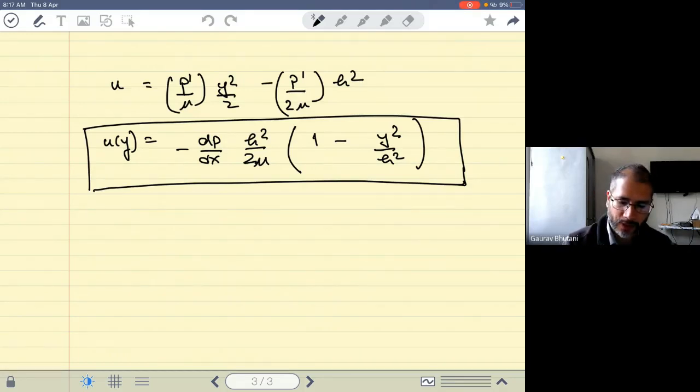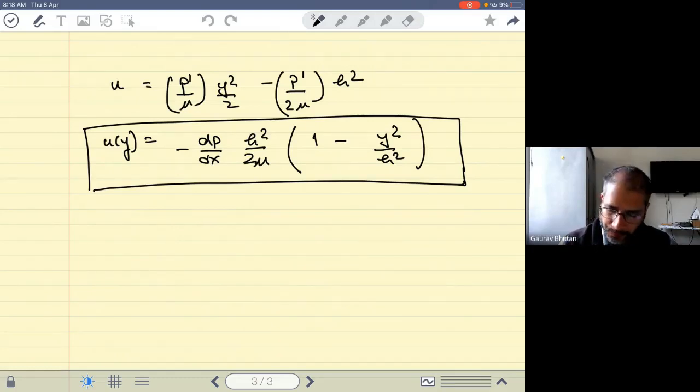So then this coefficient outside the bracket becomes positive. So inside the bracket, we have 1 minus something where y goes from minus h to h. So at y equals minus h, your u velocity is 0. You can see that. So 1 minus 1, that is 0. And at the center point between the plates, this becomes maximum because y is 0 there.